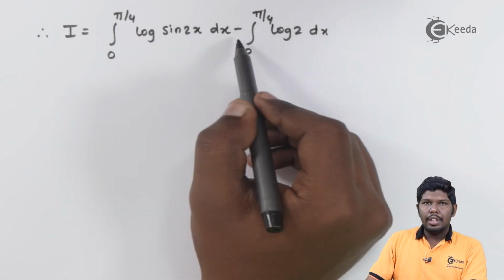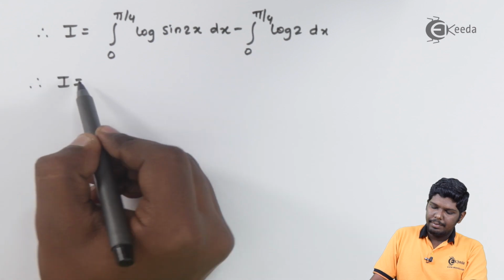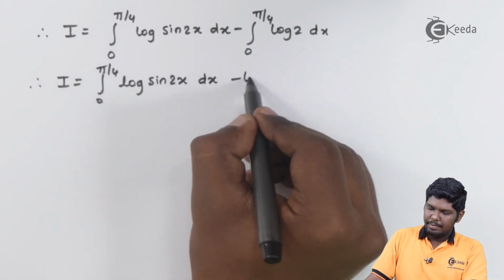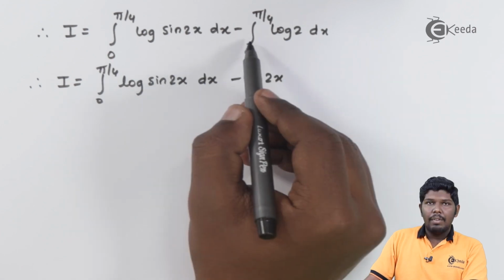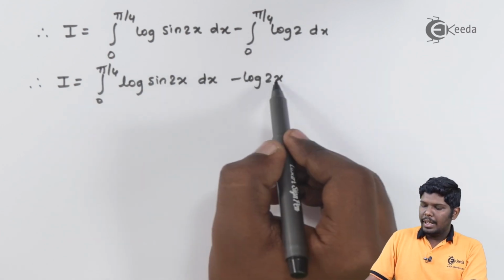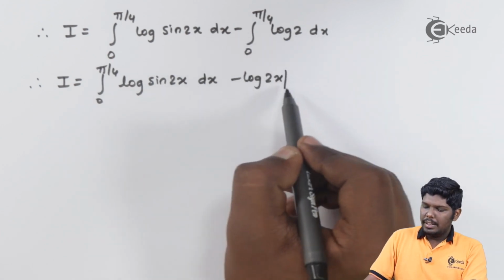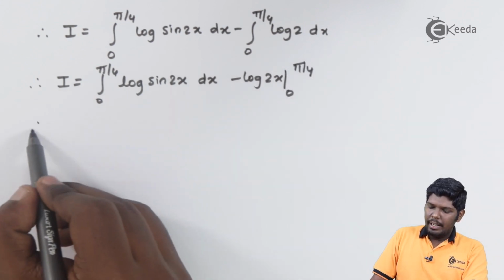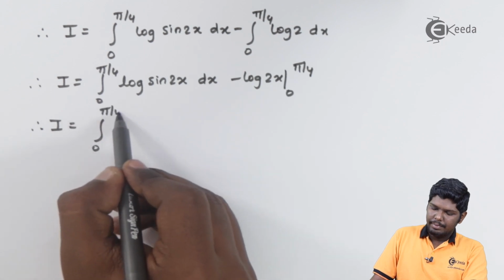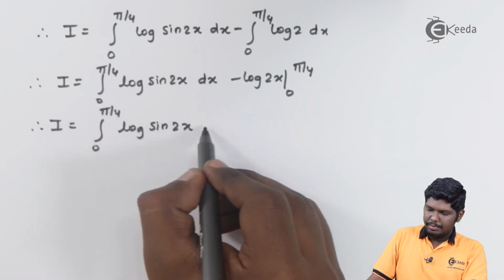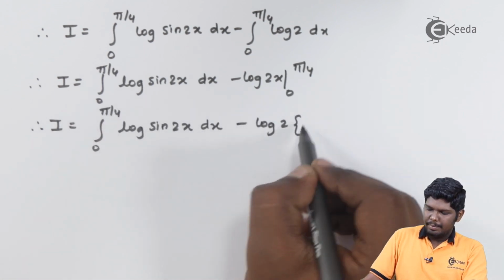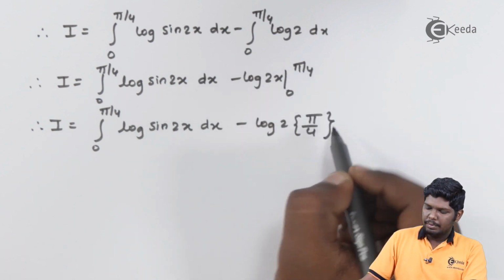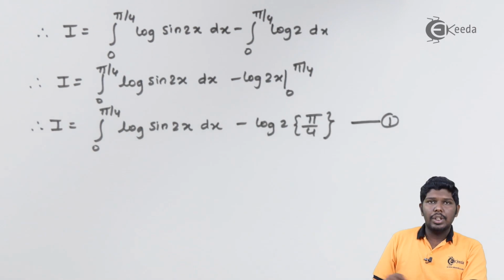After taking log 2 constant outside, we have integral dx left, whose integration is x within limits 0 to pi by 4. And after solving x, we will get pi by 4 minus 0, that is pi by 4. Now let us consider this as equation number 1.